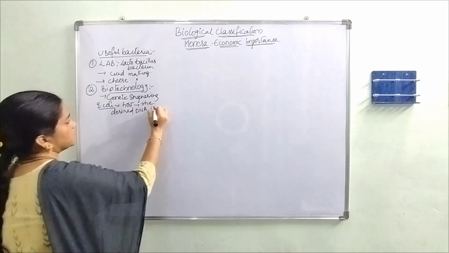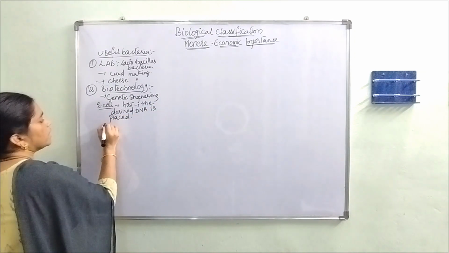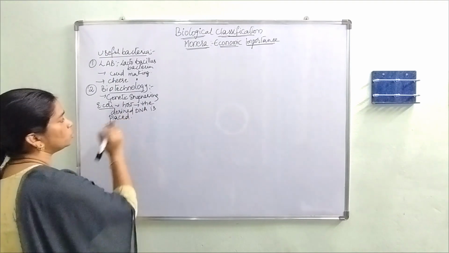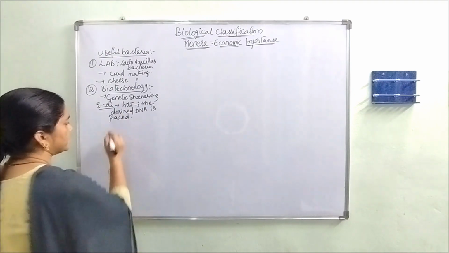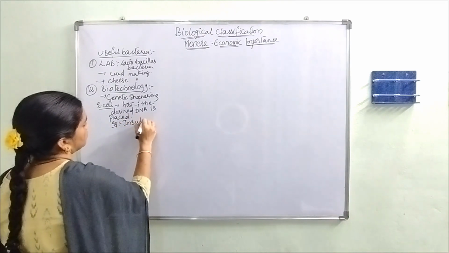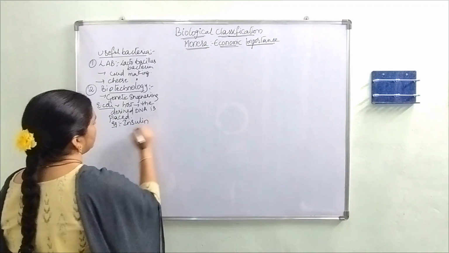What product can be obtained through this E. coli host? Example, insulin production. Insulin can be produced by genetic engineering.